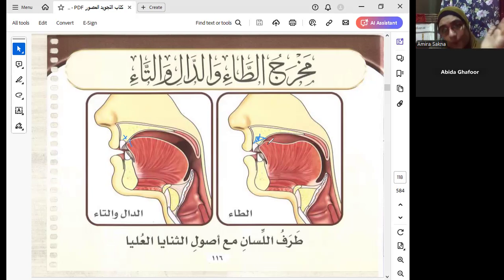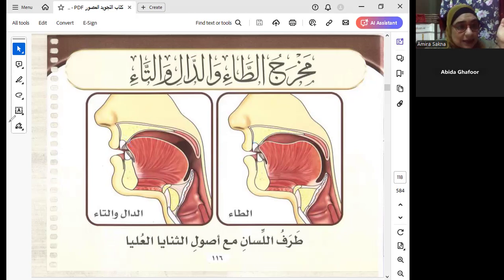I have to open the articulation point so the sound will be released, so the letter will be audible and distinguishable. So with ta, we close the articulation point and then we open it with a degree of force to allow the sound, which was trapped behind the articulation point, to run through the articulation point when it is open.